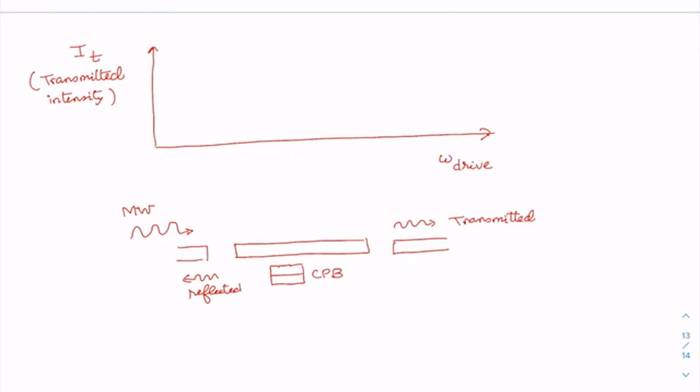They measured the intensity of this transmitted beam, and when they did the experiment, first of all they observed that when there is no Cooper pair box or qubit, they observed one single peak like this.